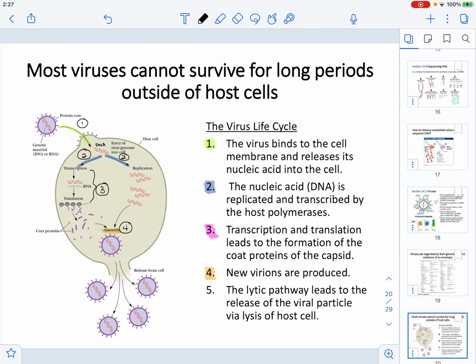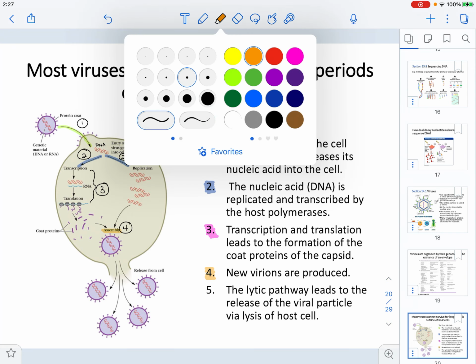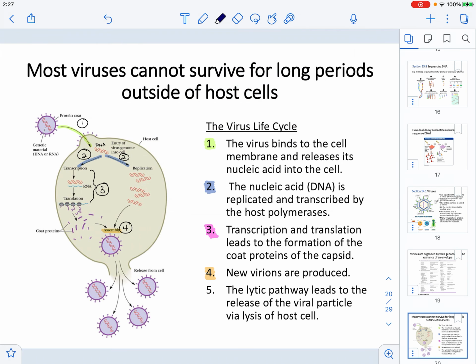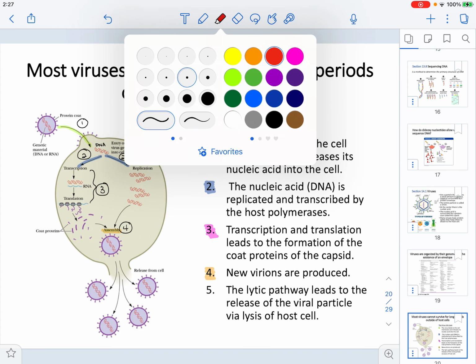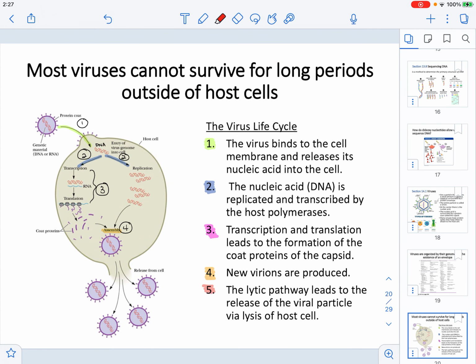And on step 5, specifically during the lytic pathway, we have those viral particles lysing the host cell.